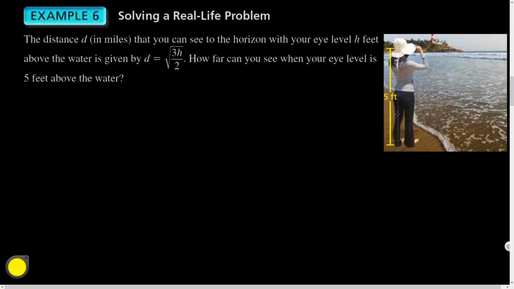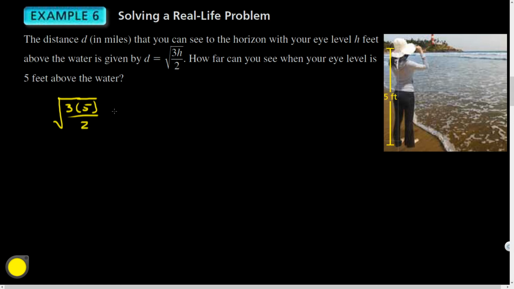Have you ever looked out at the ocean and wondered how far you can see? Well, this is how it works. At least on our planet, you can see the horizon from your eye level 8 feet above the water, this particular distance. And so the square root of 3h over 2, where h is your height, which in this case is 5 for this individual.